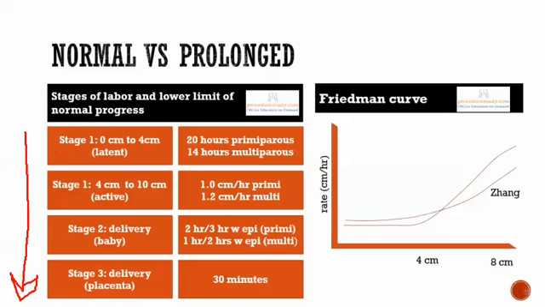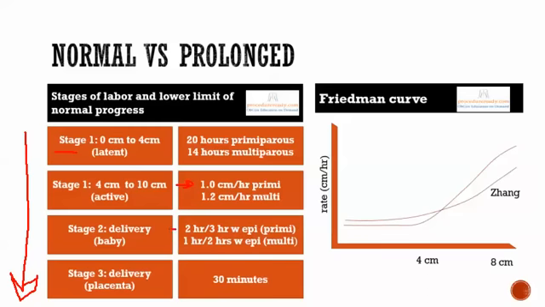So in stage 1, 0 to 4 centimeters, the latent part of stage 1, 20 hours primiparous, 14 hours multiparous. Those are maximums. Stage 1, the active part, 1 centimeter per hour. That's the rate you should be dilating for primiparous, 1.2 for multiparous. Stage 2 is delivering the baby.